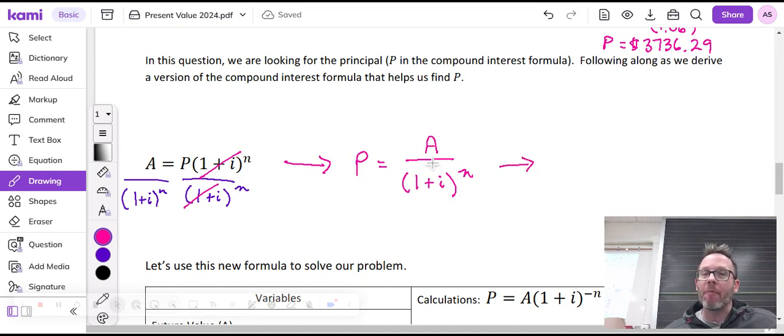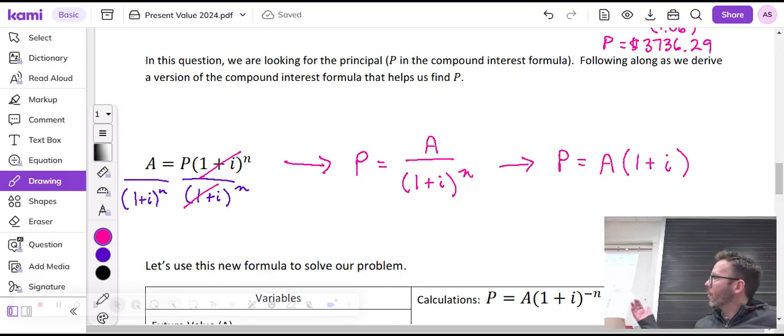If you flip 1 over 1 plus i, you get the following. You can write this as P equals A, not divided by, but times 1 plus i to the power of negative n, as multiplication. Those last two are equivalent because of our negative exponent rule.